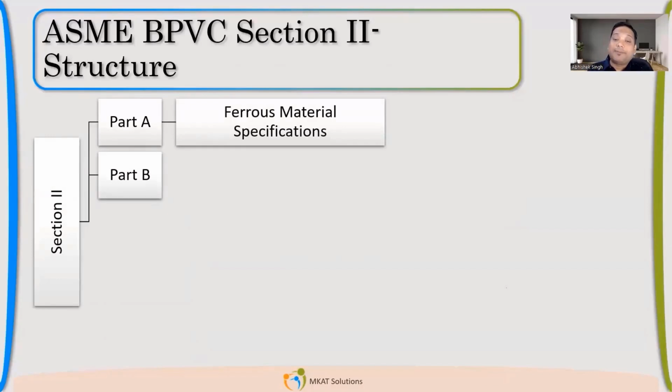So if I have to purchase a 516 grade 70 plate, I can just name that material specification, and that will be sufficient because that specification given by ASME covers all the requirements in very detail. So we don't have to write that steel should be killed, should be fine grain. All those things are already there. What should be the heat treatment process, whether normalizing is required or not.